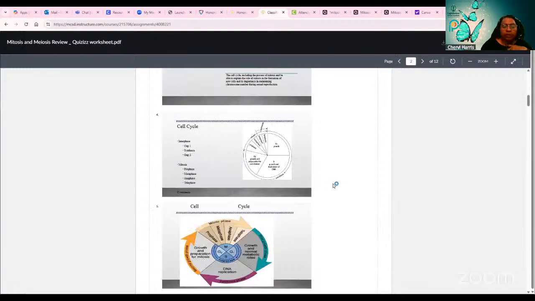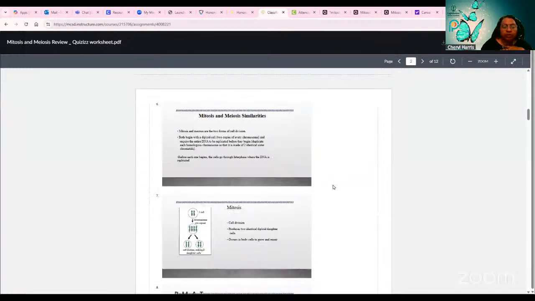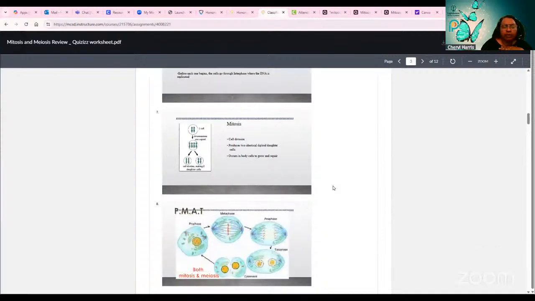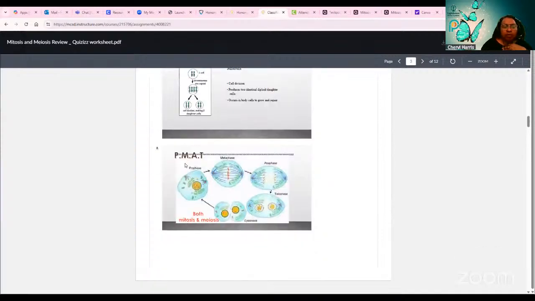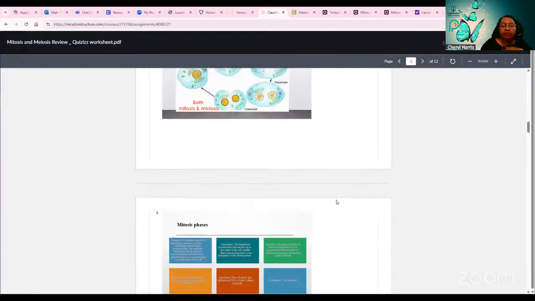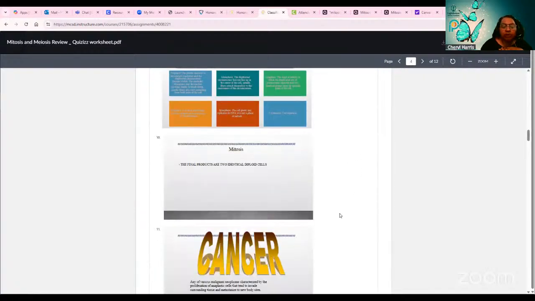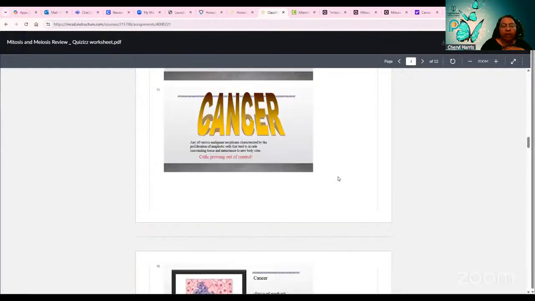Okay, so this one is on cell cycle similarities of mitosis and meiosis. Remember PMAT, the acronym for knowing the phases of mitosis and meiosis in order: prophase, metaphase, anaphase, telophase. Know what's going on. Why do we have cancers?